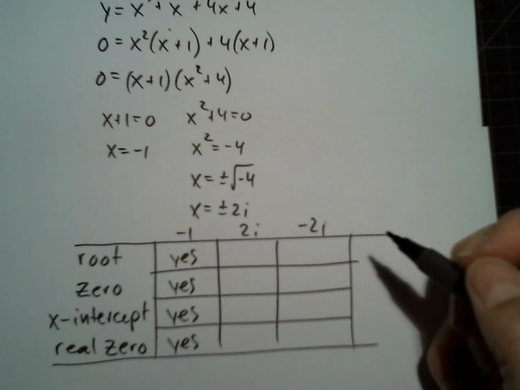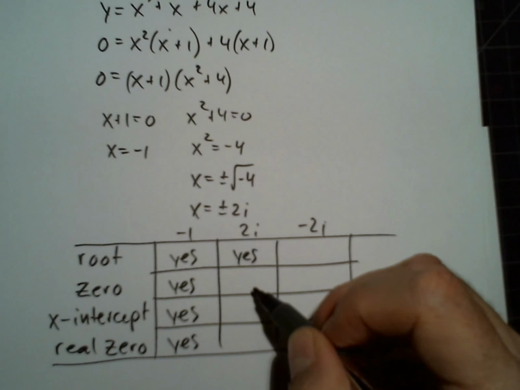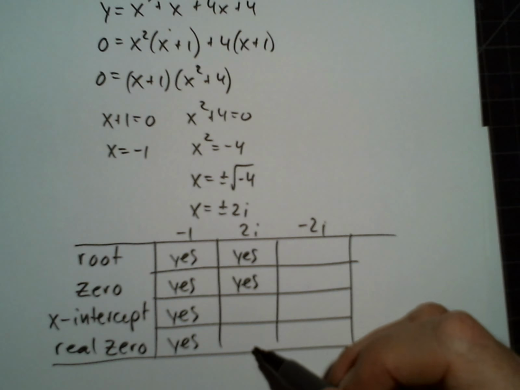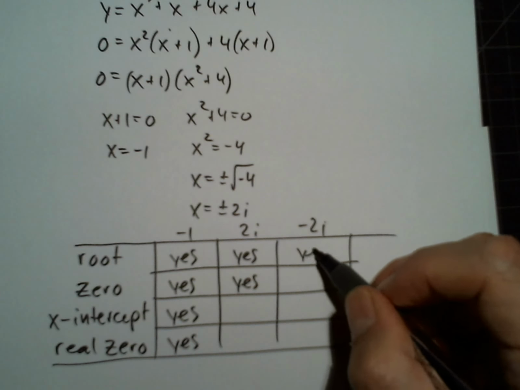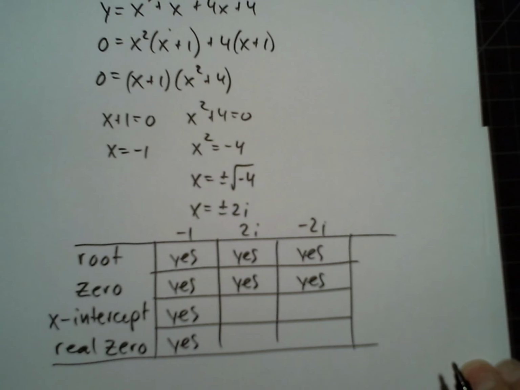2i is called a root. It is called a zero, but it's not called an x-intercept, and it's not called a real zero, and that'll be the same for negative 2i.